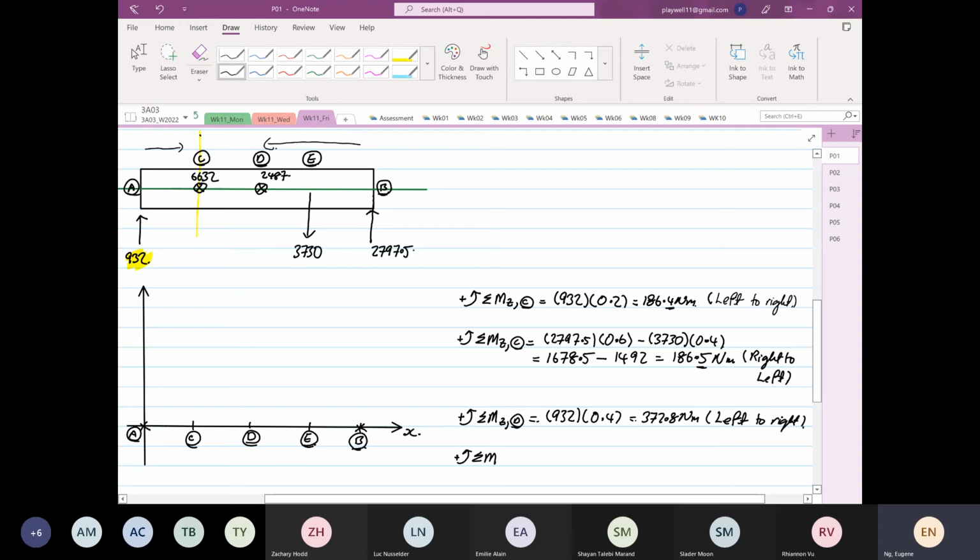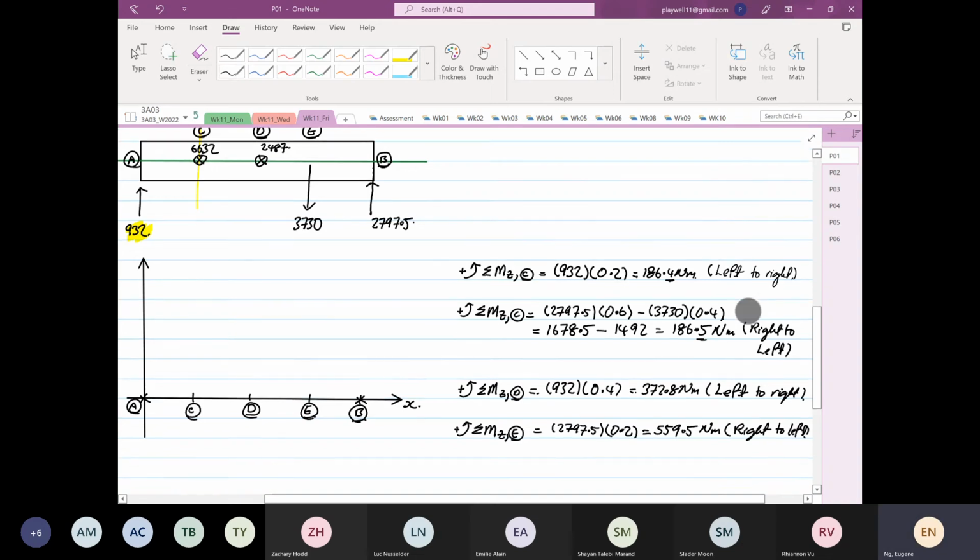And lastly, as I mentioned, anti-clockwise is positive Z at point E. So I'm going to take from right to left now. It's 2797.5 multiplied by 0.2, so 2797.5 times 0.2 is 559.5 Newton meter. This is right to left.